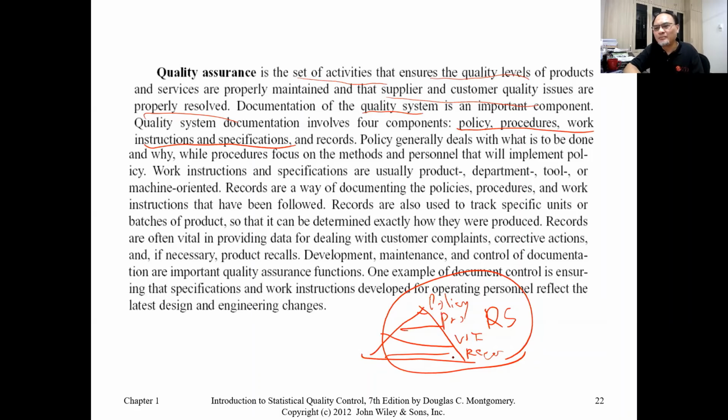So assurance means providing confidence to customers that your process has the ability to meet whatever requirements. That means if I'm producing graduates, it is a quality graduate who will be able to perform their jobs effectively, efficiently, with the knowledge in the real world. A car can perform its function, so you don't have to worry.